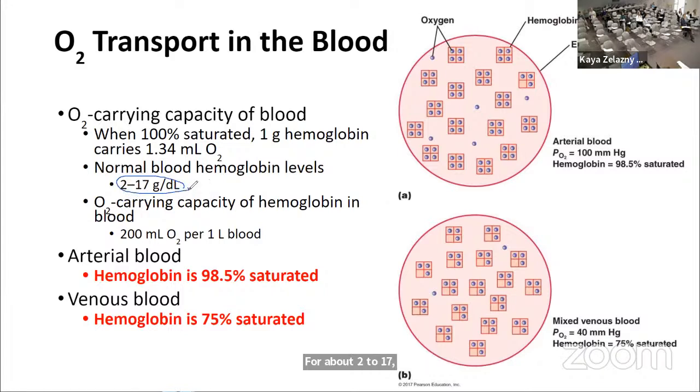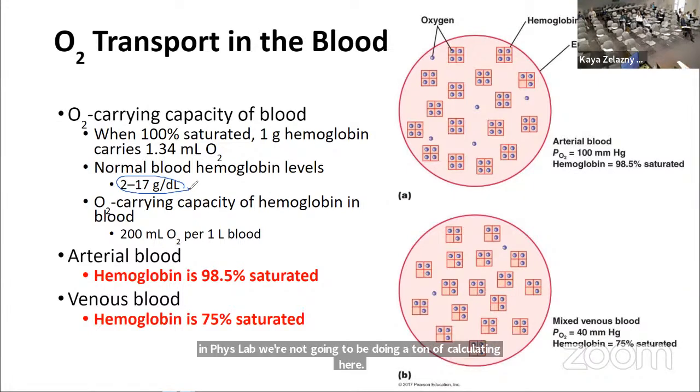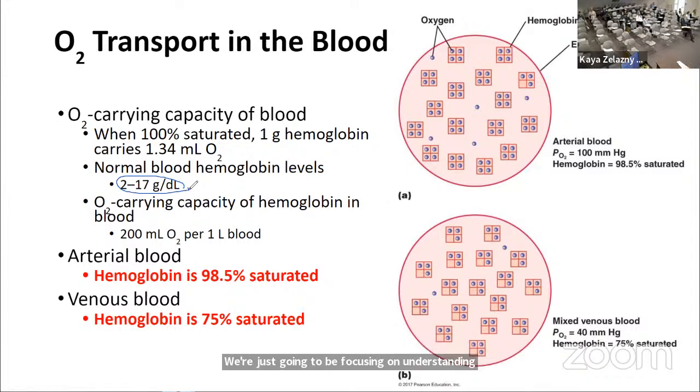And I believe you may have done some calculations on things like this in phys lab. We're not going to be doing a ton of calculating here. We're just going to be focusing on understanding curves and sort of understanding figures with this stuff. But takeaway, if you do out the math, the overall oxygen carrying capacity of hemoglobin in the blood is that about a liter of blood can carry about 200 milliliters of oxygen.